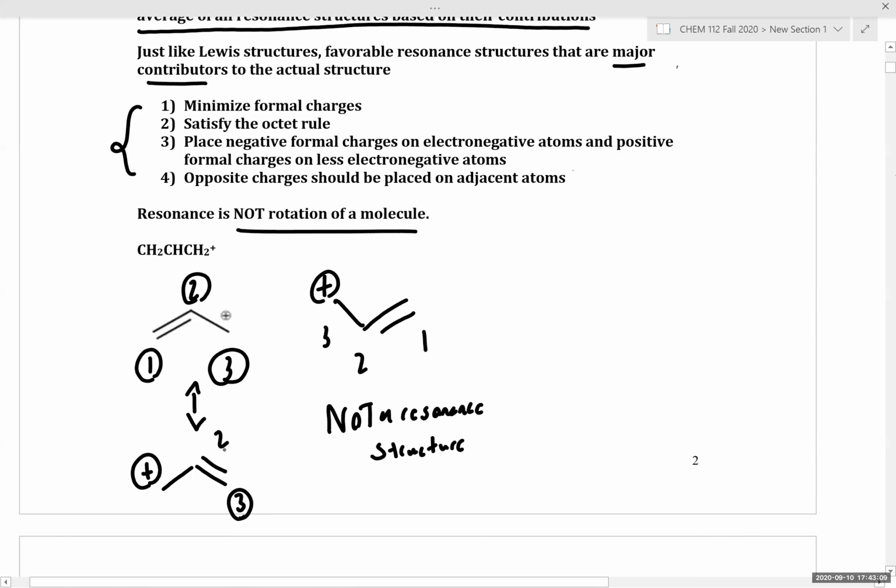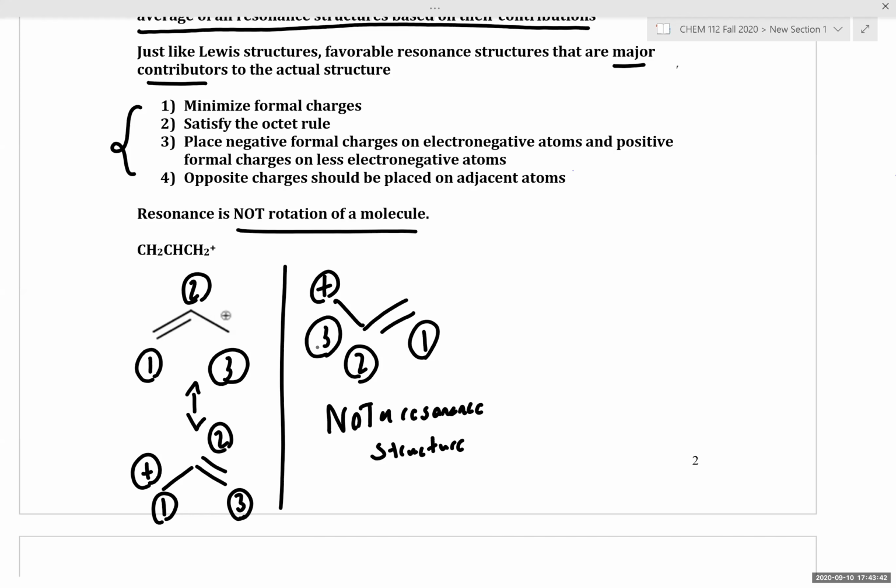So does everyone notice how in the resonance structure we have a different distribution of bonds between our 3 carbons, a different distribution of electron density about our 3 carbons? Does everyone see how these 2 structures on the left are resonance structures, while the structure on the right is just a structure obtained from rotation? Does this make sense to everyone? So just be careful and number your carbons.